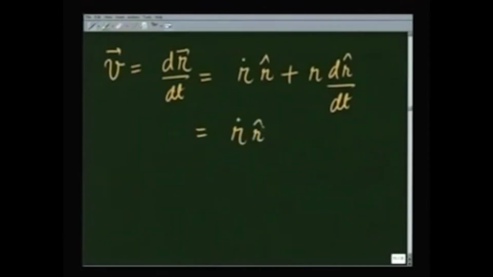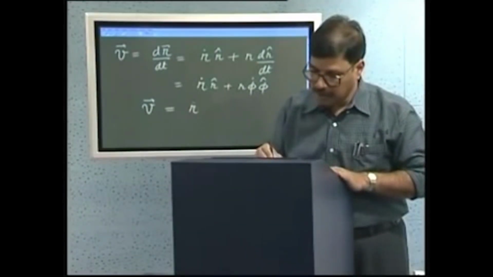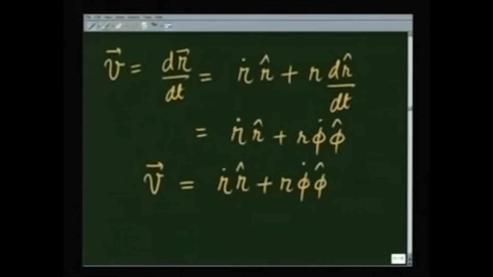So, if we write the velocity v as dr dt, this is equal to r dot r unit vector plus r times d r unit vector by dt, which is going to be equal to r dot r unit vector plus r phi dot phi unit vector. So, the velocity of a particle in planar polar coordinates, I want to remind you again, we are talking about motion in a plane, is equal to r dot r unit vector plus r phi dot phi unit vector.